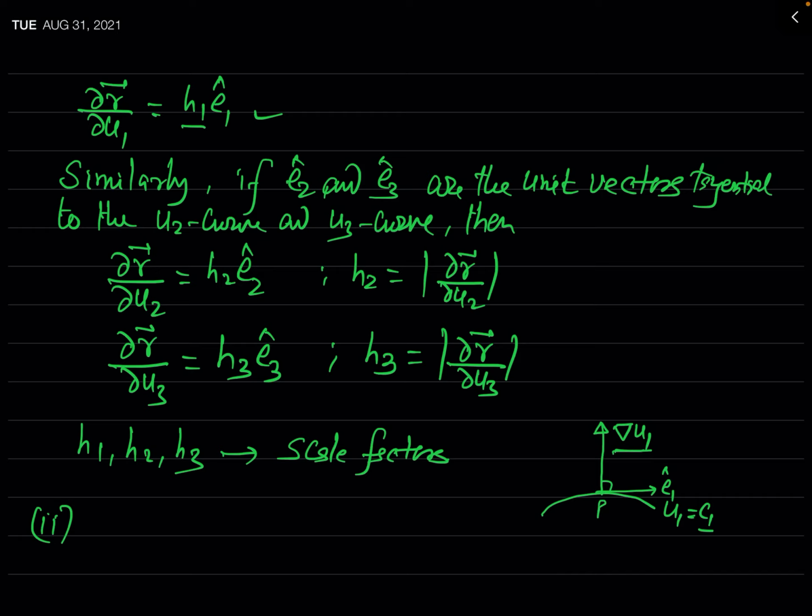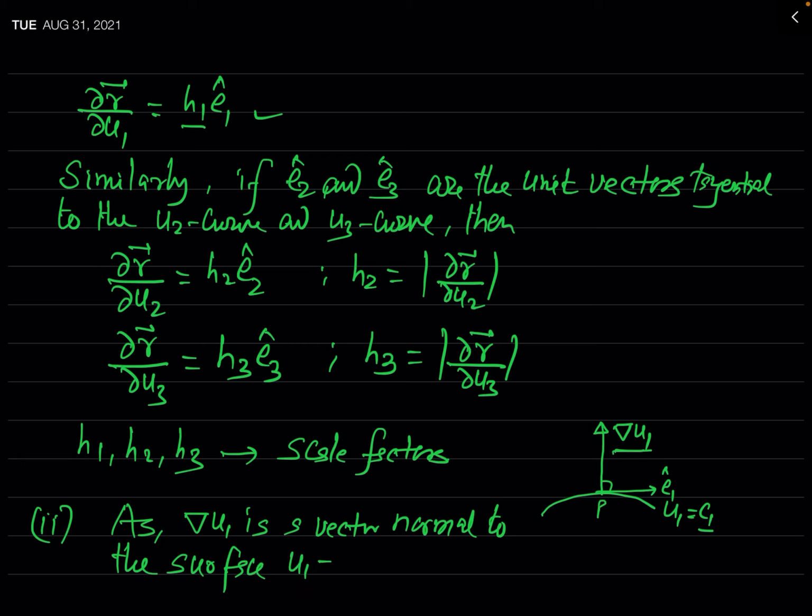So we know as del u1 is a vector normal to the surface u1 equal to c1.